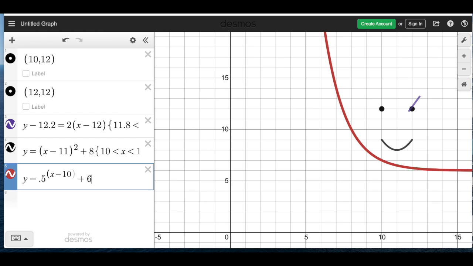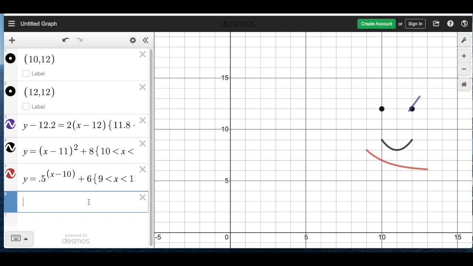I don't know what I'm going for here, but you want to restrict it, and you put some fancy brackets at the end. So all kinds of stuff you can do here. But hey, you can play around, just trying to remind you of a few things you can do.